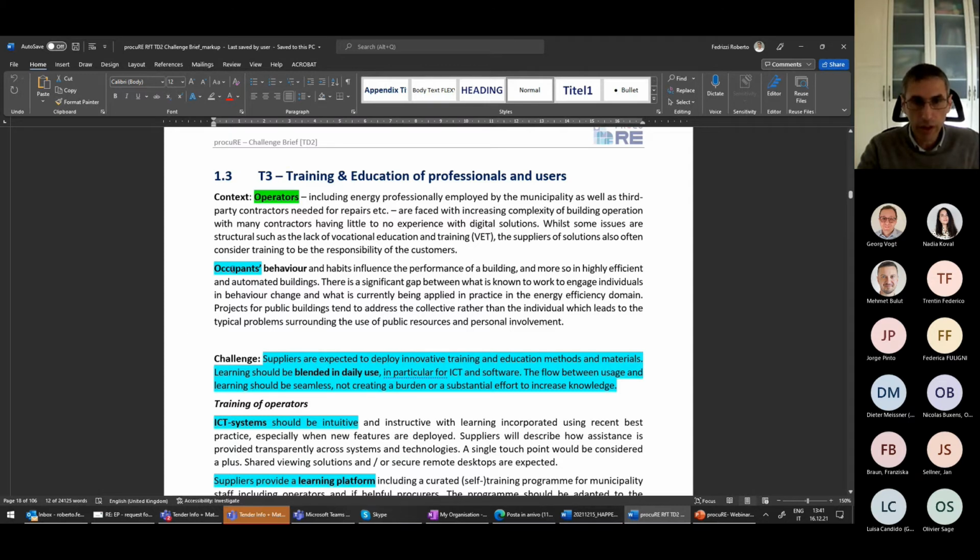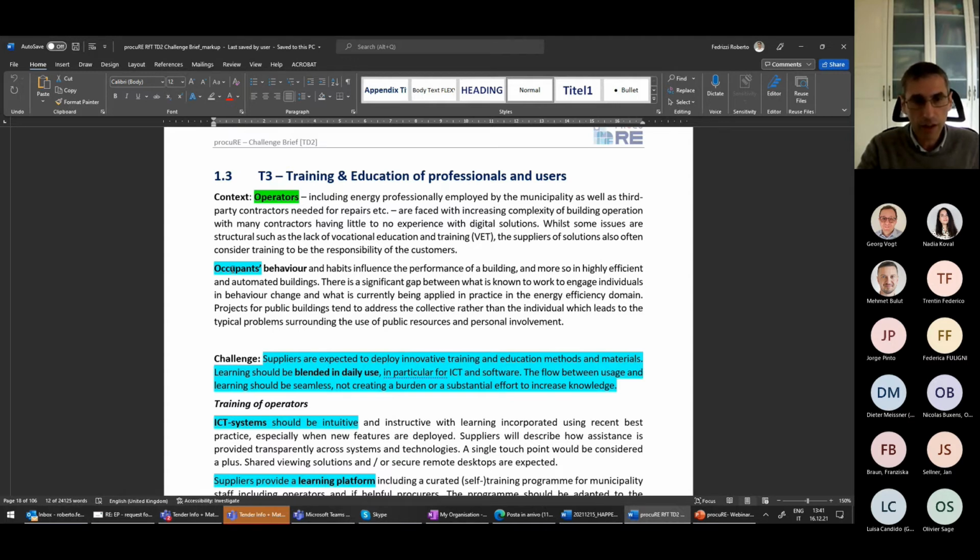So we want to train facility managers. We want facility managers to be trained by the suppliers by the end of the project, in order for them to be aware of what they need to do, how they need to manage the systems.